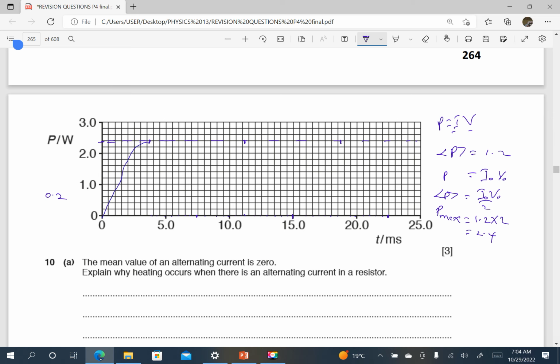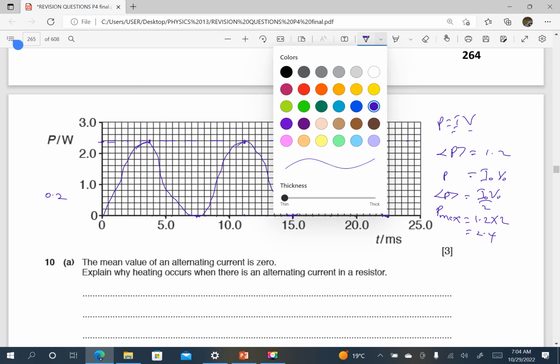You can draw a better graph, better than mine. Mine is just a simple sketch. It is hard to sketch on a computer, but at least I'm trying. So you must draw a very smooth sine curve.